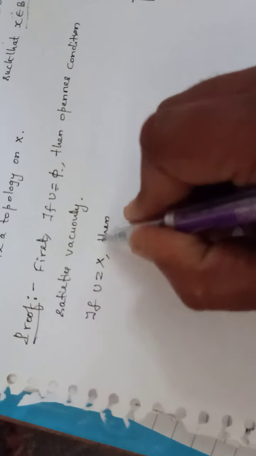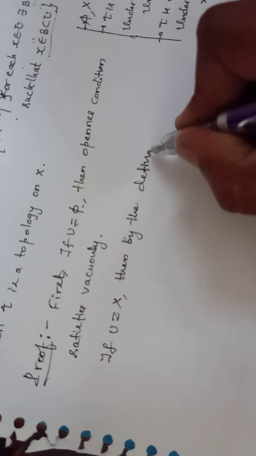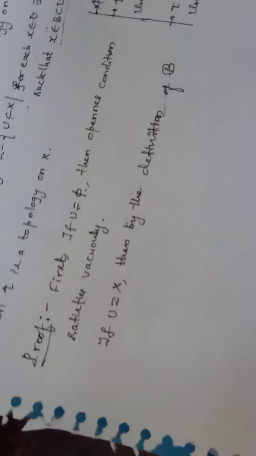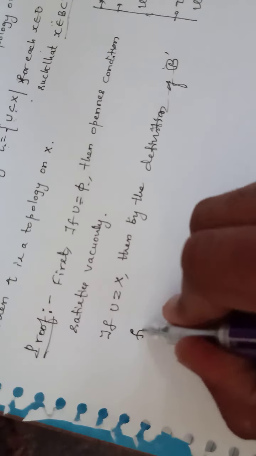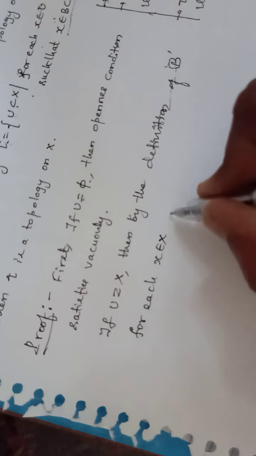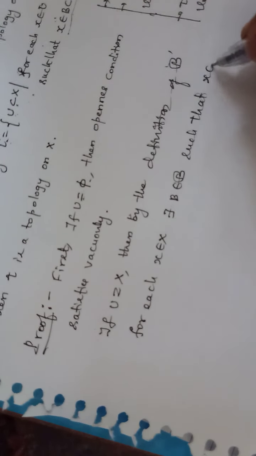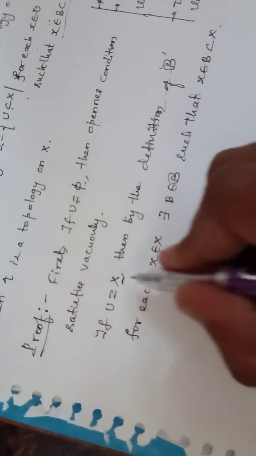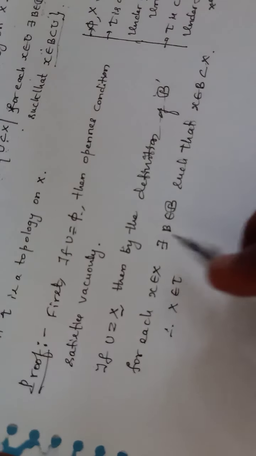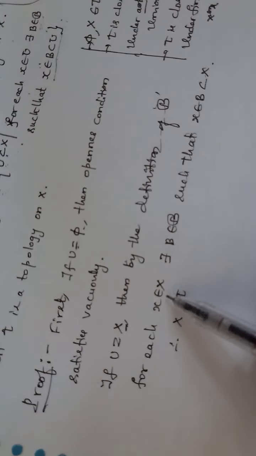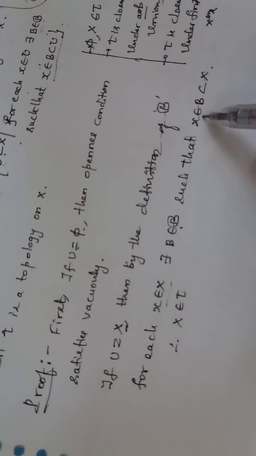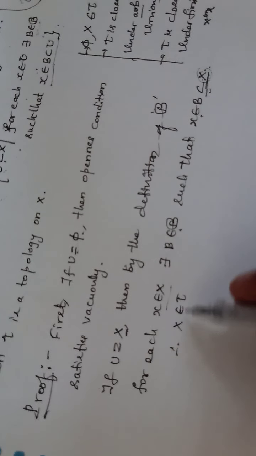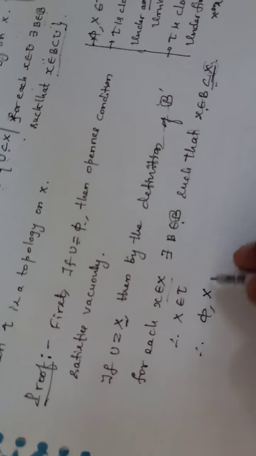Then, by the definition of basis, for each x belongs to X, there exists B belonging to the basis such that x belongs to B, which is a subset of X. So the openness condition is satisfied, therefore X belongs to tau. Observe that if you replace U by X, we prove this condition: for each x belongs to X, there is a base element B such that x belongs to B, which is contained in X. So the first condition is satisfied, that is, the empty set and X itself are in tau.